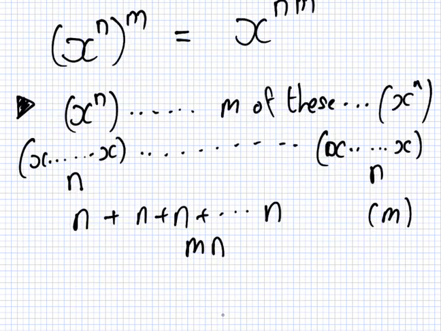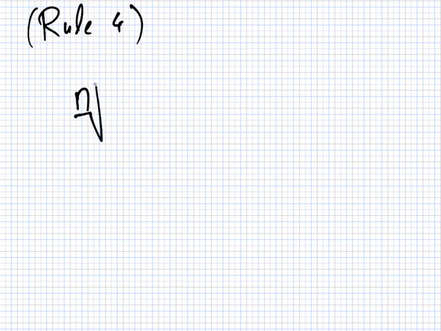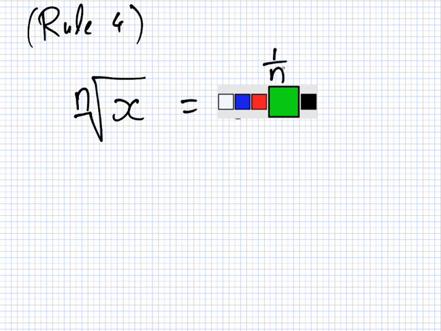Yeah, okay, so rule 4. The nth root of x is the same as x power 1 over n. Now this one actually is not too difficult to prove using our last rule, rule 3.